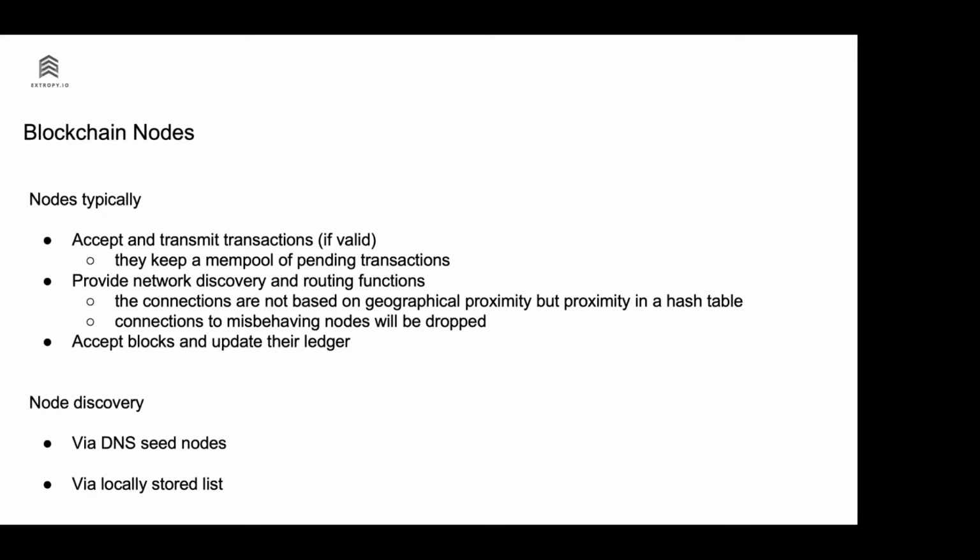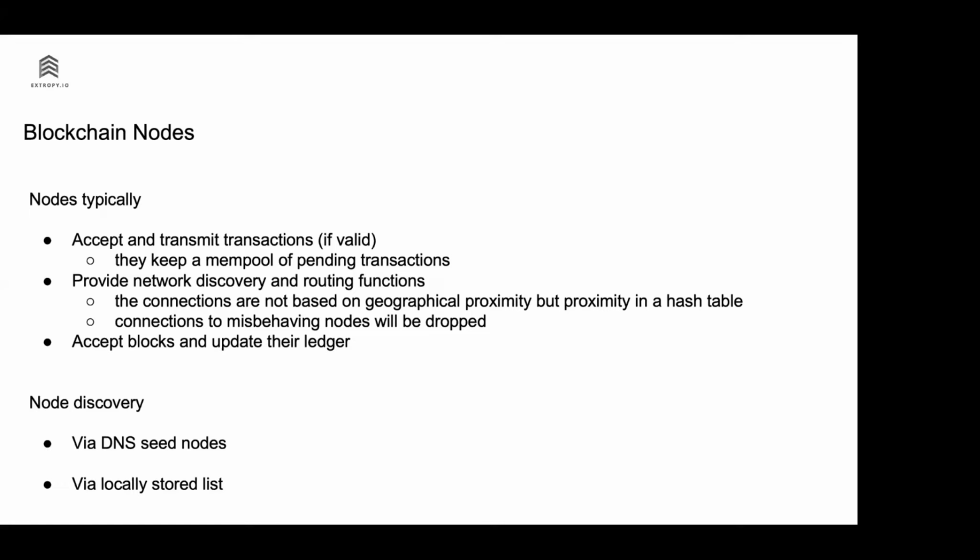And there is some incentivization in terms of the way that the nodes interact, in that if a node is not behaving as you would like, you will drop connections to that, and there are rules within the client software to do that. And then at the software level, the node will take in blocks and update their local ledger based on the state transition that they have.